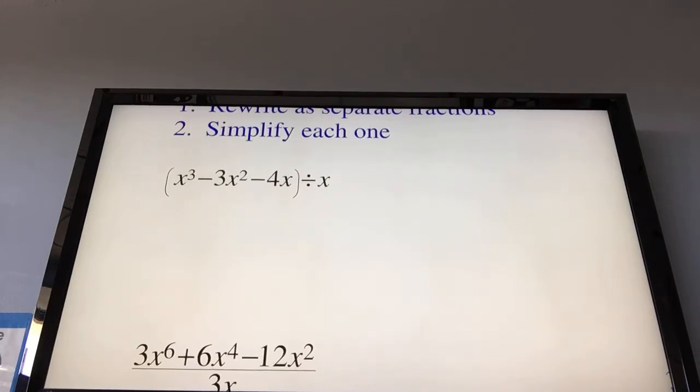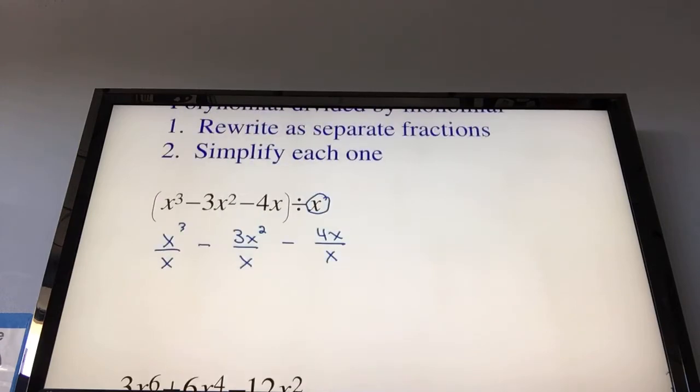So step 1 is to separate it, meaning that this x has to go with everything. That x goes with the x to the third. That x goes with the minus 3x to the second. And that x goes with the 4x. So I separate or rewrite this as separate fractions.